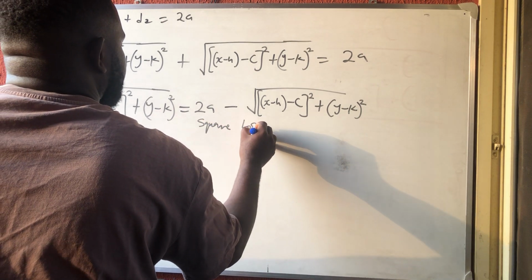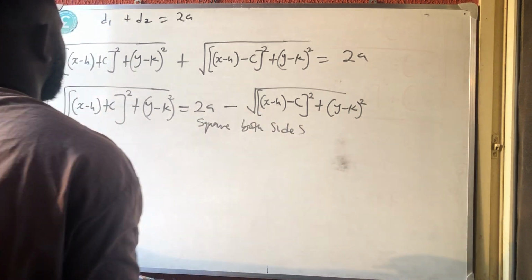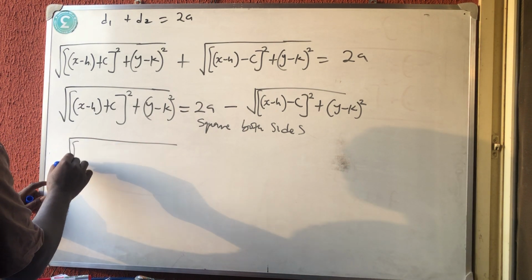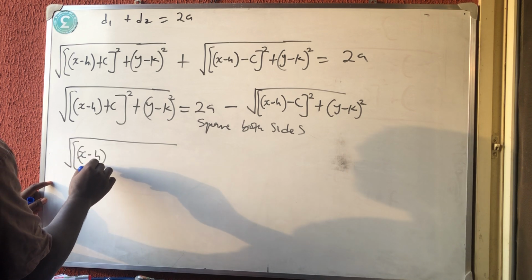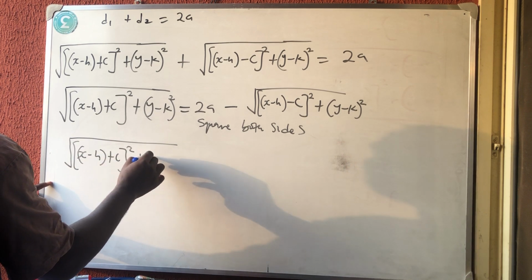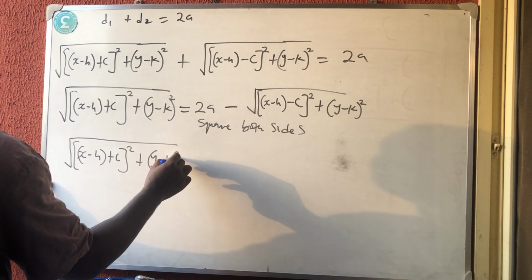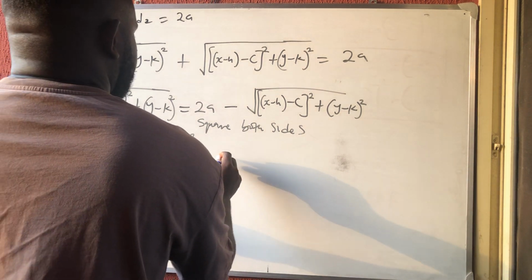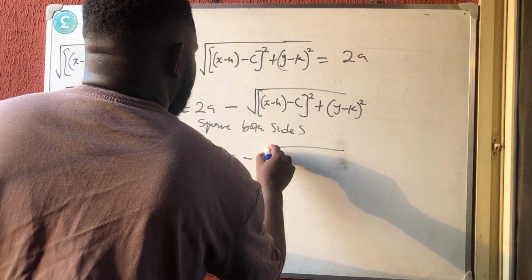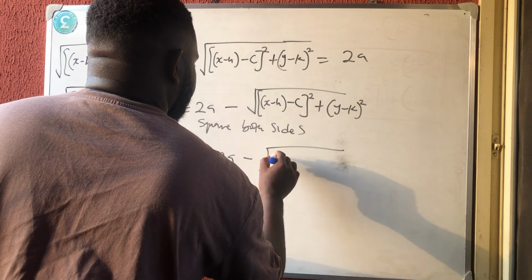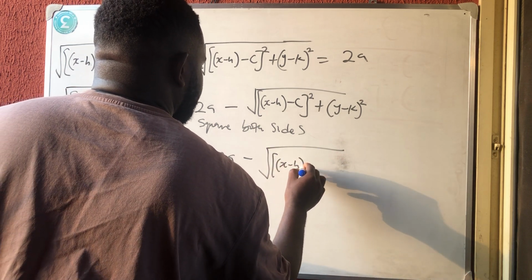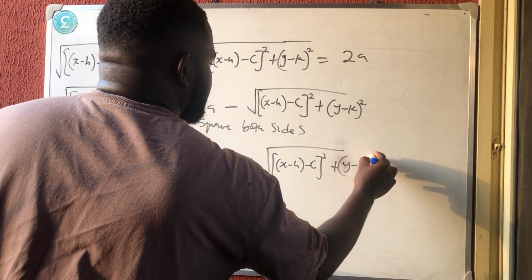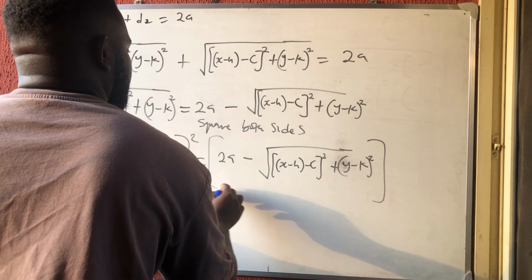Square both sides. So if I square both sides, I'm having the square root of x minus h plus c all squared plus y minus k all squared, and we are squaring the other side. 2a minus the square root of x minus h minus c all squared plus y minus k all squared, then all squared.